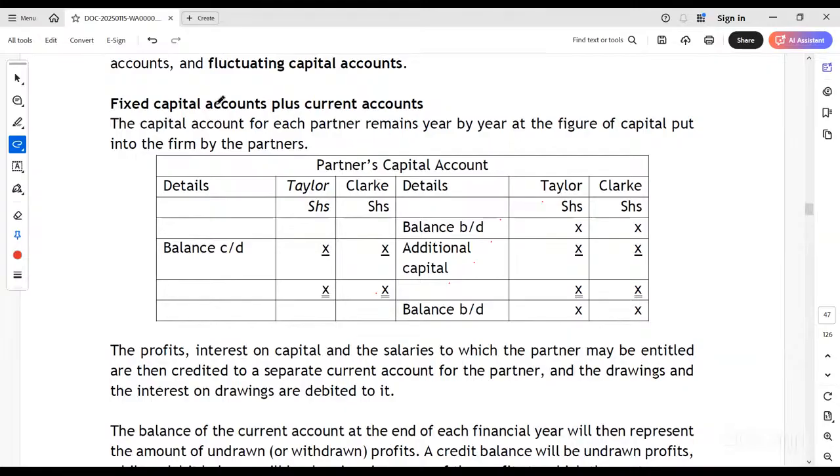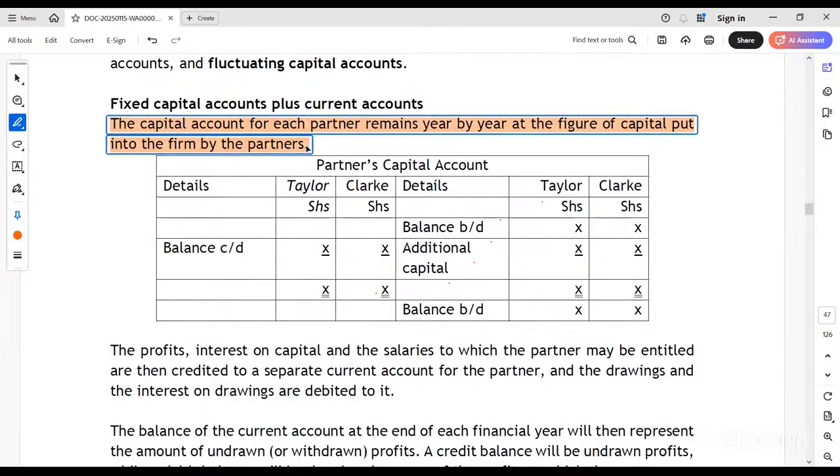Now, the capital account for each partner remains year by year at the figure of capital put into the firm by the partner. That is the capital account. So that capital account records the initial investments of the partners.